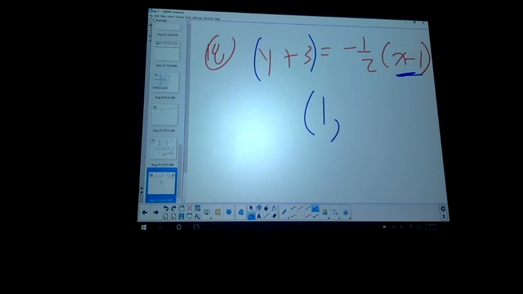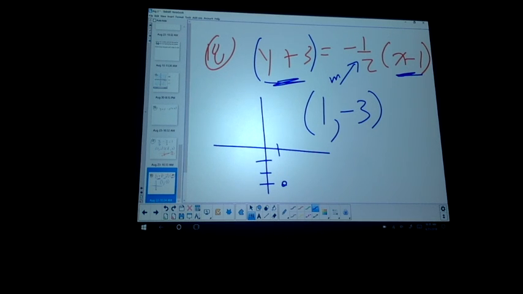So that's 1 for the x. And I know this is the slope. If I graph that, from there I'm going to go down 1, right 2. That would be a decreasing equation because the slope's negative.